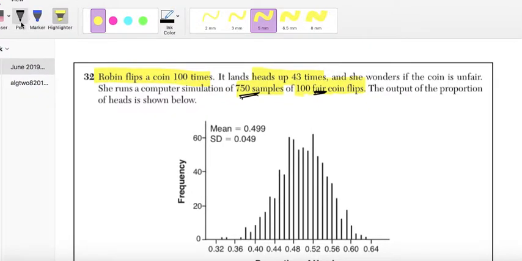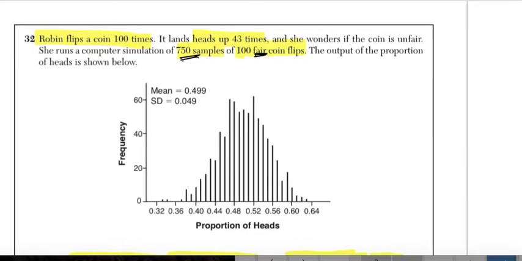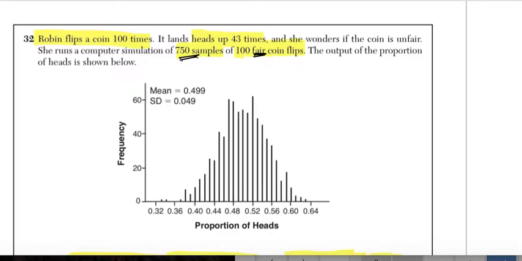Remember this. If it's inside 2 standard deviations of the mean, in the 95% confidence interval, then it's probably a fair coin. 43 times out of 100, her proportion is 43%.